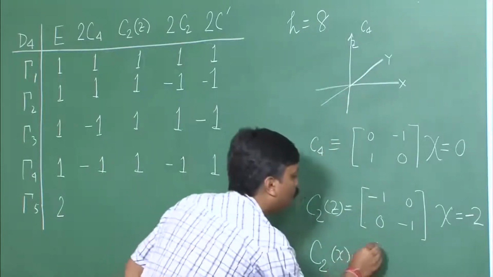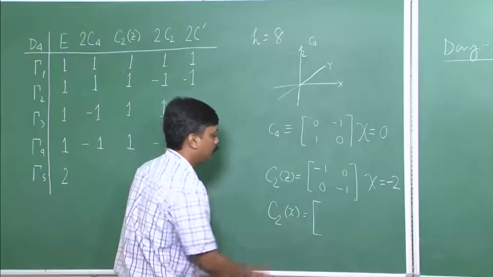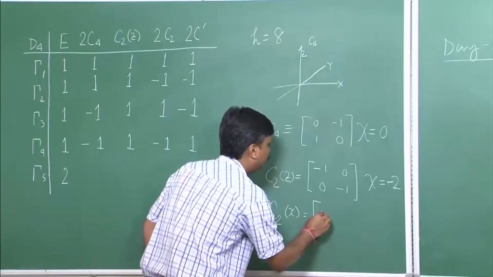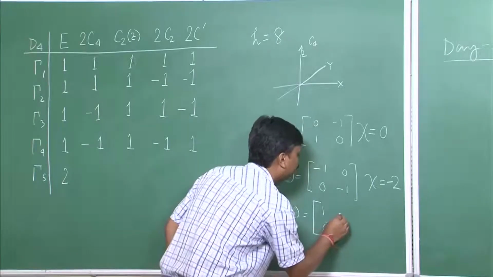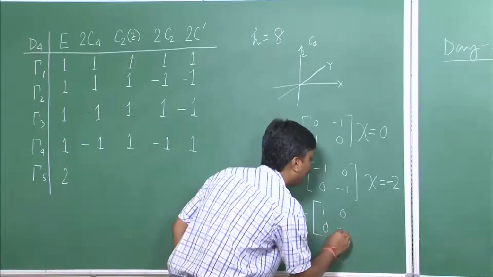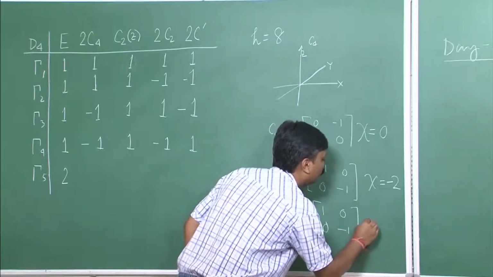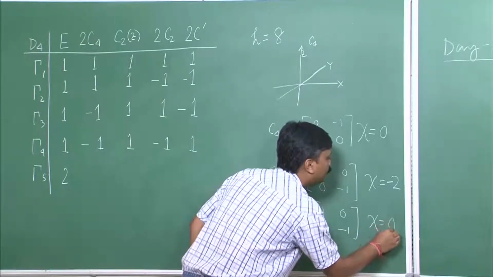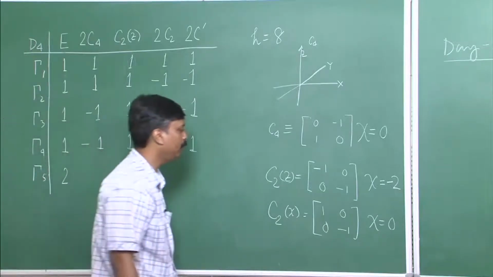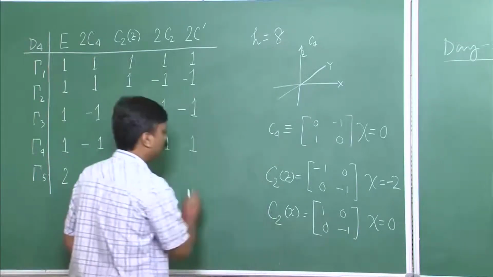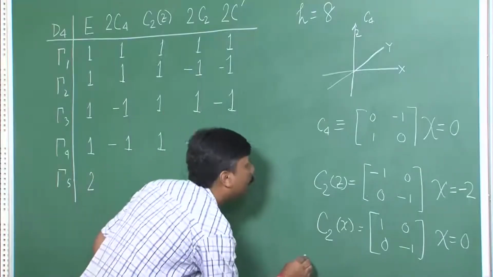So, you can find out that x is remaining the same while y is becoming minus y. Therefore, chi equals 0, all right.